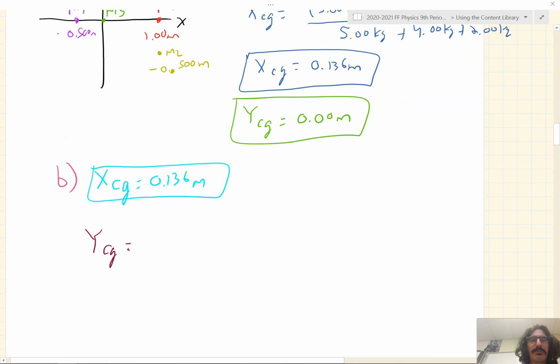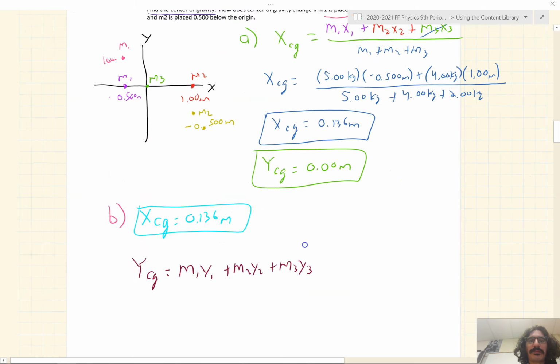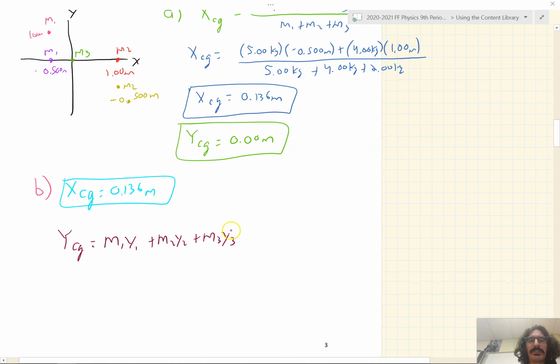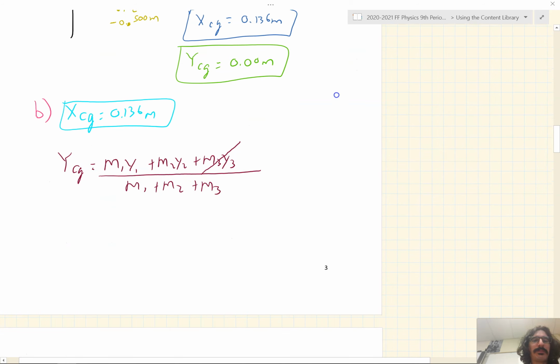So let's say m1y1 plus m2y2 plus m3y3. Just like before, m3 is on the origin, so its distance away from the origin is 0, so we could get rid of that one. And that's all over m1 plus m2 plus m3.